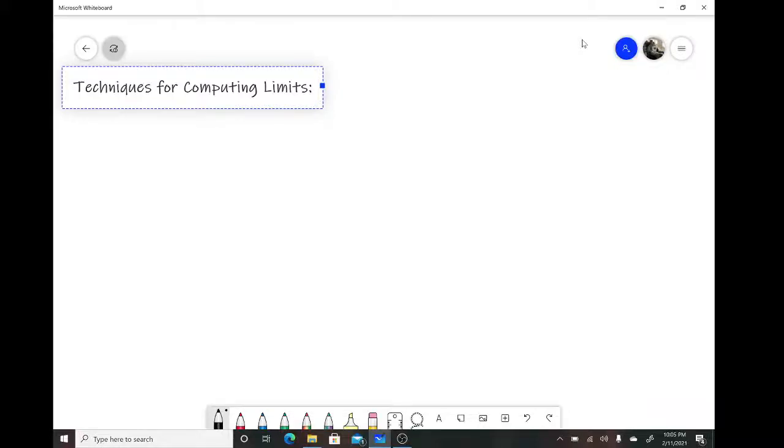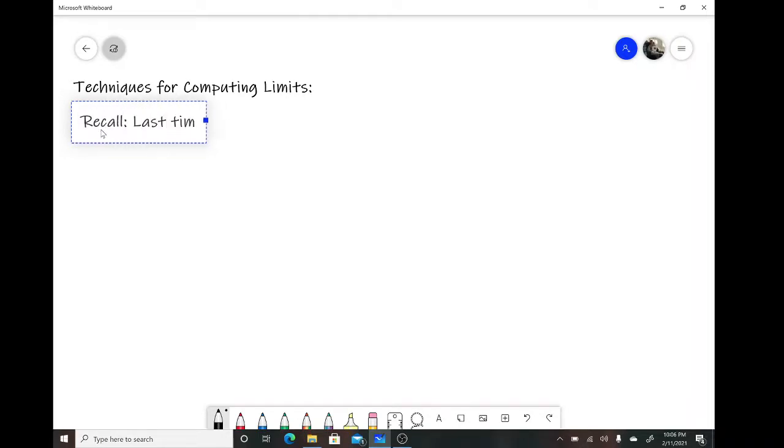Alright, welcome back everyone. Today we're going to be learning a little bit more about limits, specifically techniques on how to compute limits analytically. So last time we began talking about what limits are and how to estimate them. So let me start by writing a few things.